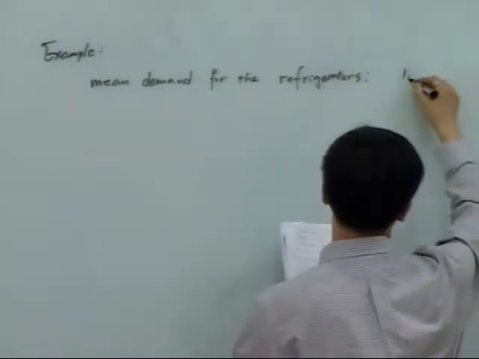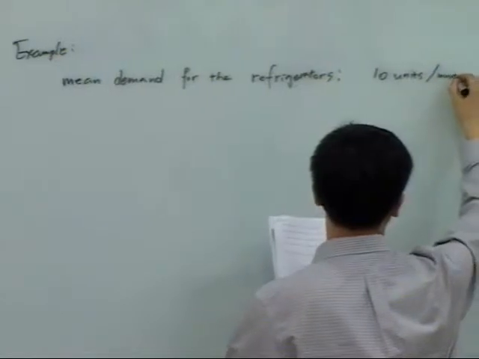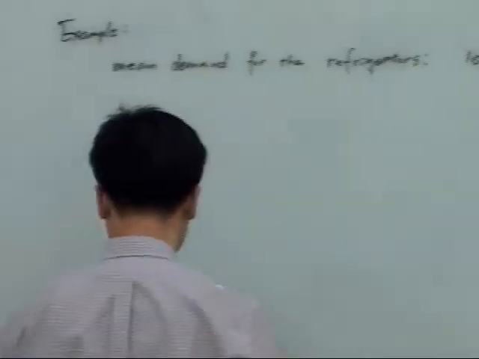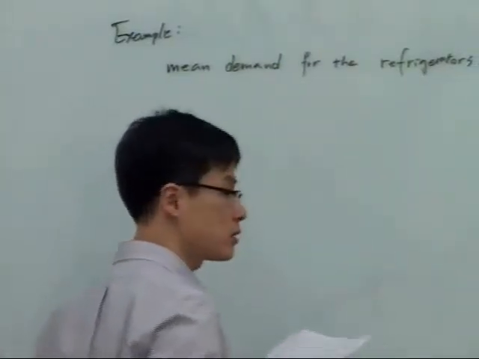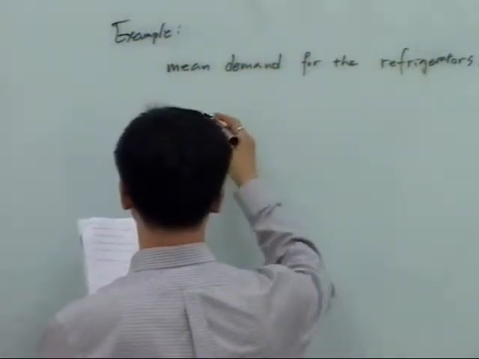Let's assume this is 10 units per month. It's a demand for freezer, and let's assume it takes about a month to fill the order.